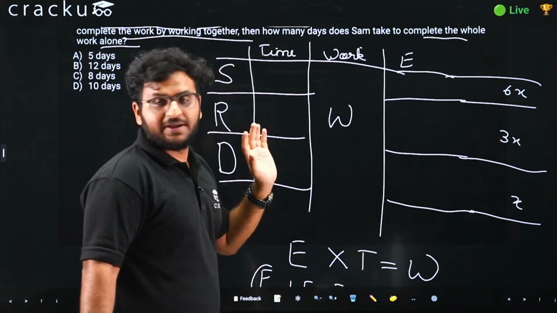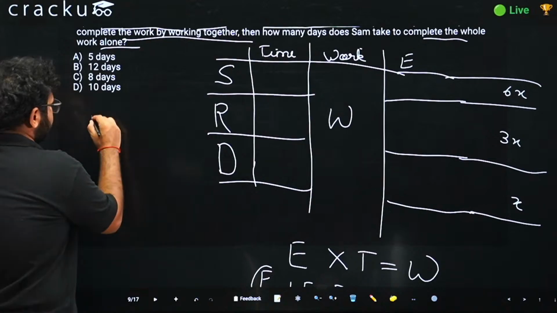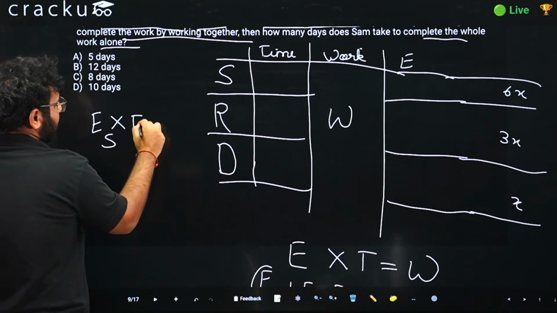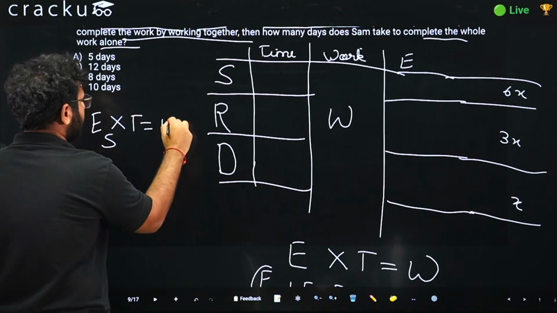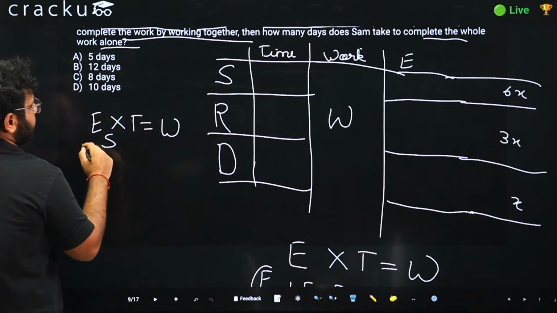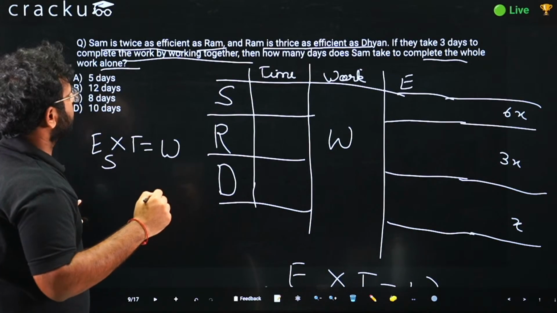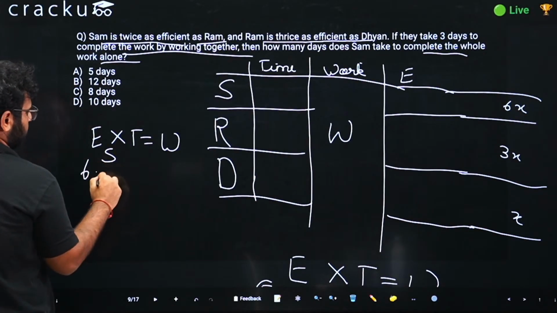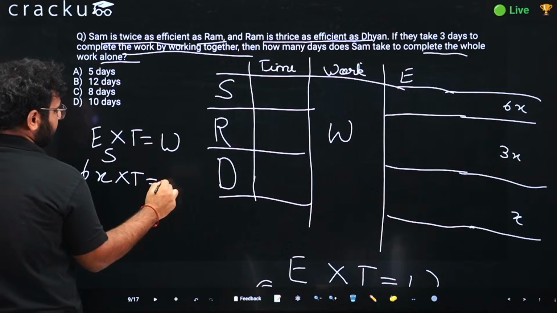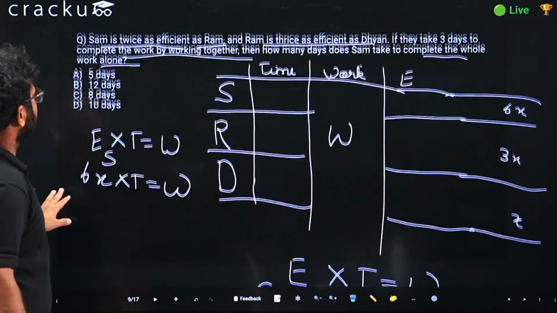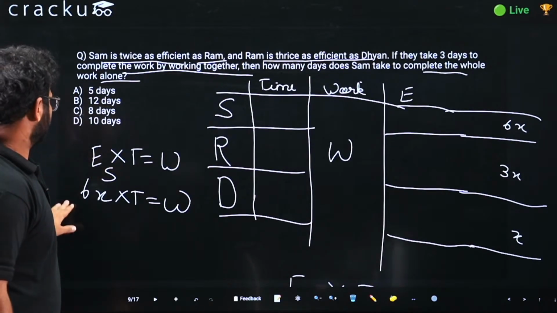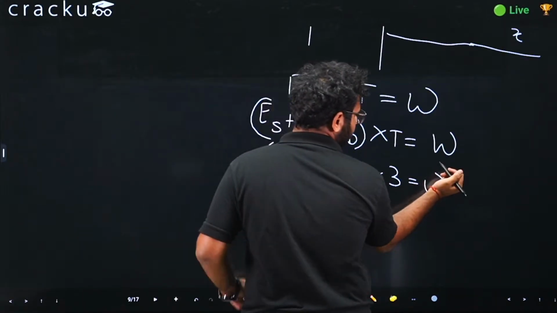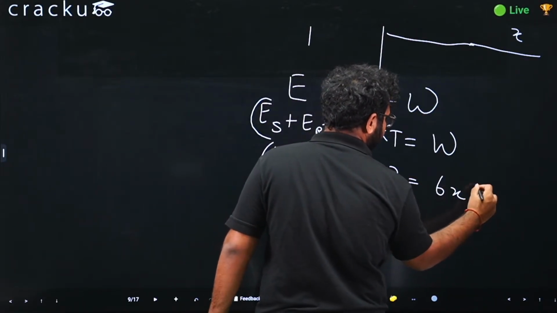So when Sam is working alone, efficiency of Sam into time taken by Sam is equal to W. Efficiency is 6x, so work becomes 6x into t.